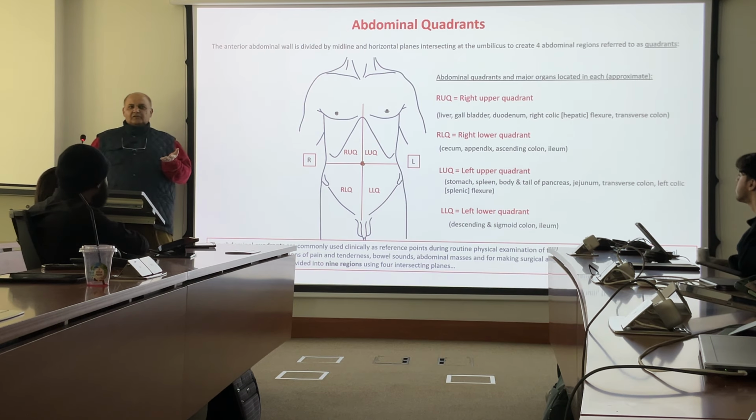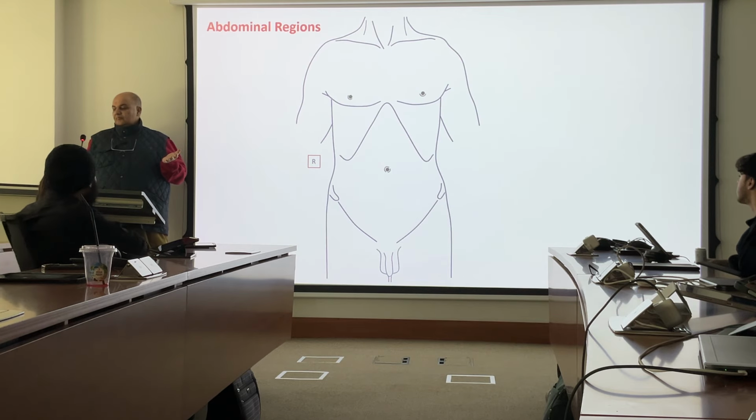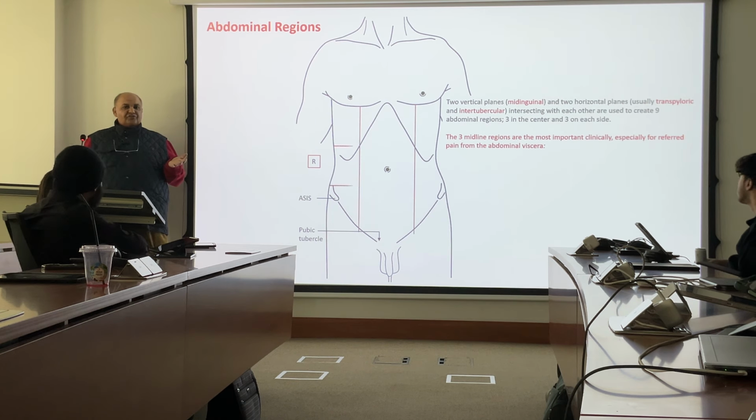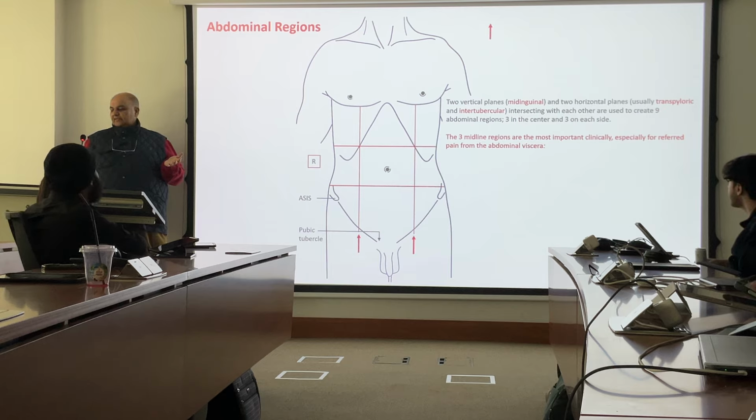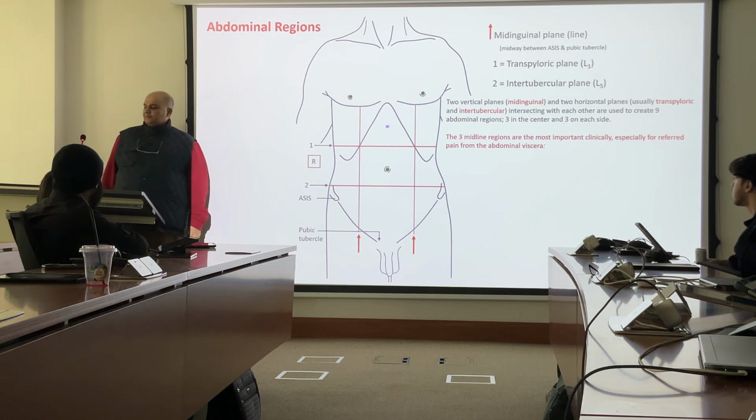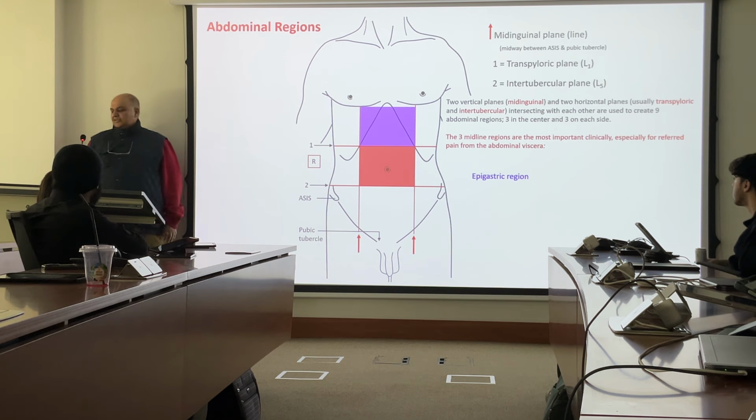Now, level up. You know these organs, but you want to know more about them. So what are you doing? You are making more lines. Then you are able to say, this is epigastrium, this is umbilical region, this is suprapubic region.